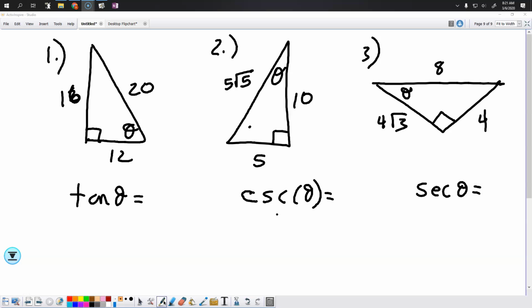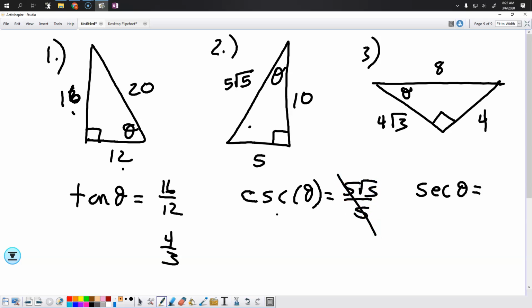So for number 1, opposite over hypotenuse would be 16 over 12, which reduces to 4 over 3. Okay? For number 2, I don't know why I keep flipping it over. Cosecant. For number 2, secant is hypotenuse over opposite.